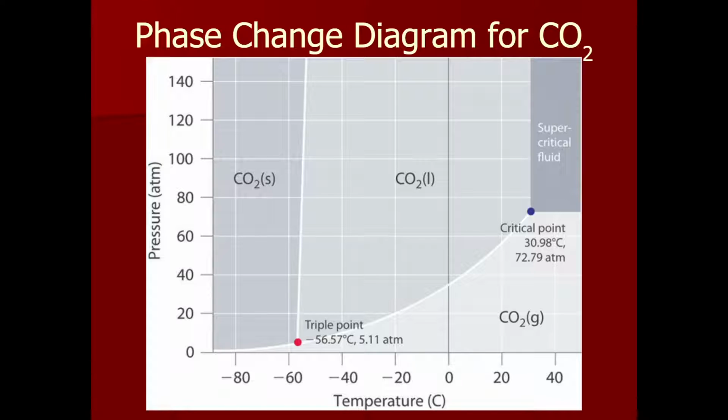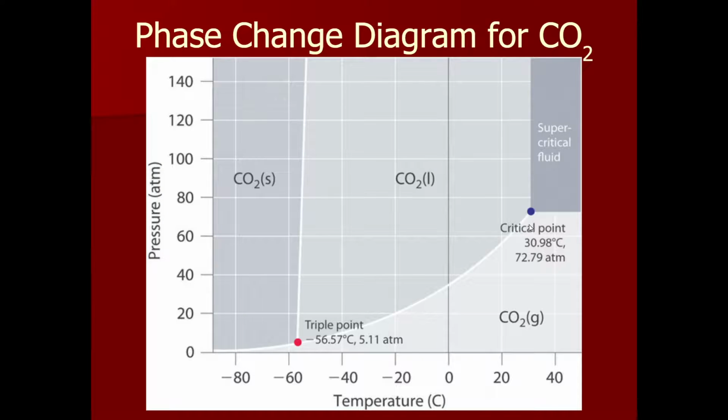As it heats up, the pressure will build up inside that pipette because there's nowhere for that extra volume of the vapor CO2 to go. So pressure builds up, temperature increases, and eventually we get to this 5.11 atmospheres where we can see the liquid CO2 being formed, as well as there still being some of the solid and some of the vapor. That's what we'll be looking for during our demonstration.